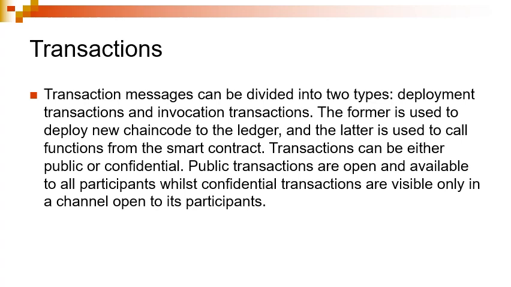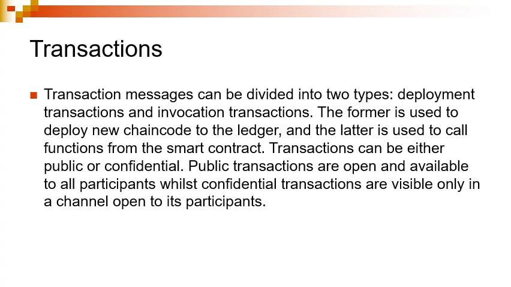If we want to deploy some new business logic, new smart contract, then deployment transaction messages can be used. And the latter, invocation transaction messages, is used to call the functions from the smart contract. First is to deploy the logic, and second is to call the various functions of the smart contract, we can say chain code.